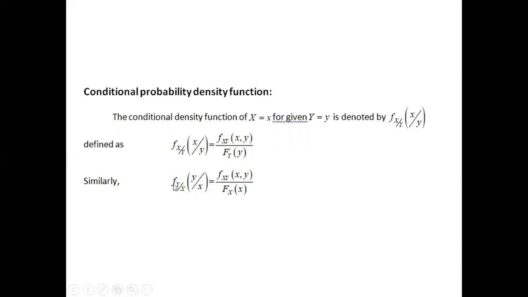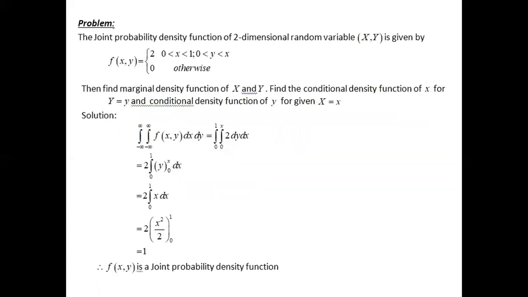Similarly, the conditional density function of Y equal to y for given X equal to x is f of Y given X(y given x) equals f of XY(x, y) divided by the marginal function of x.